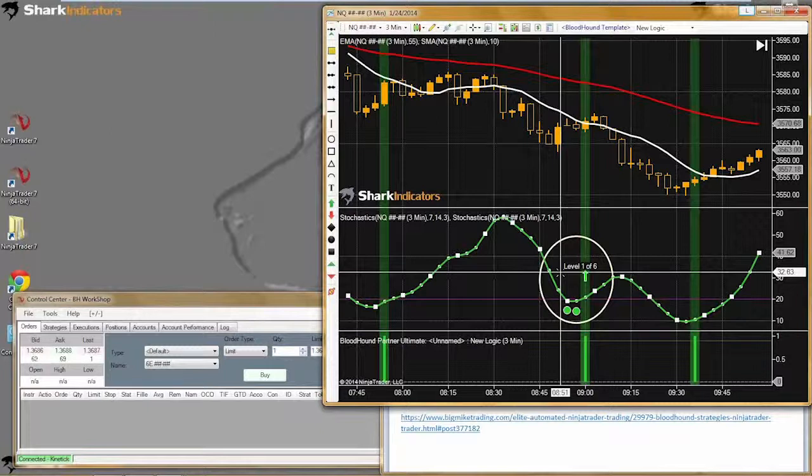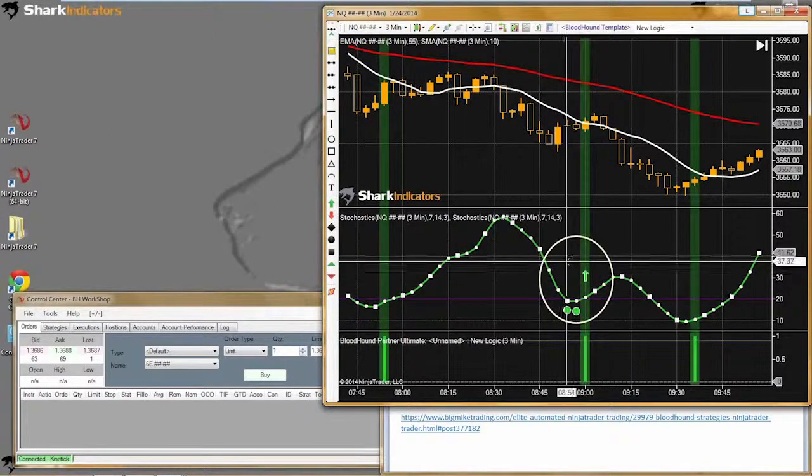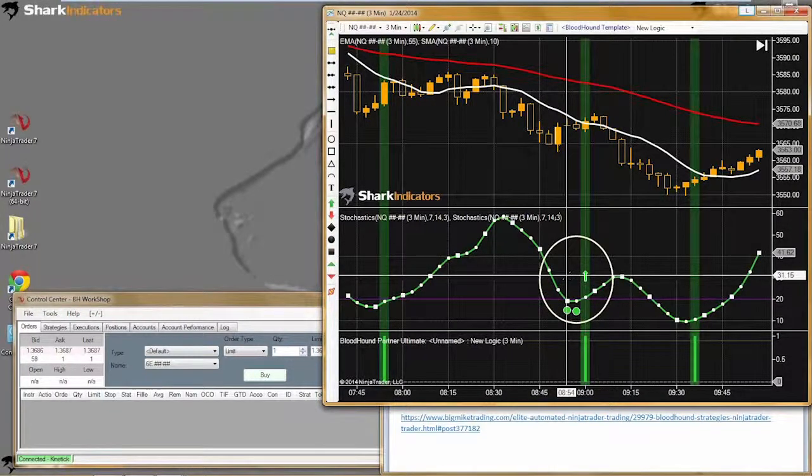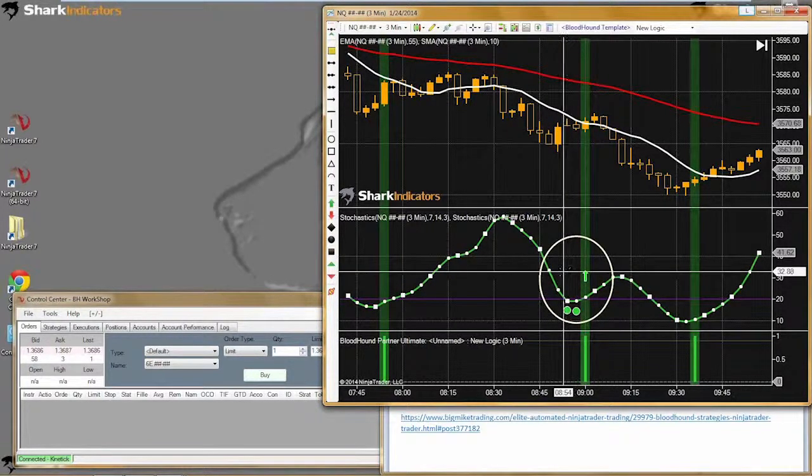So now the white dots are on top of the green line. The way I did that is you hold the shift key down and then scroll your mouse wheel up and down. If you don't have a mouse wheel, I'm sure there's some other way of doing it. You'll have to look in NinjaTrader's help guide to find that out. There's probably a keyboard combination, like maybe shift plus, shift minus, or the up or down arrows.